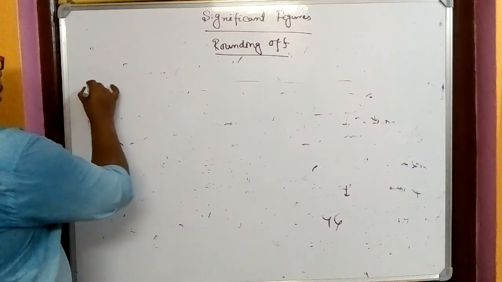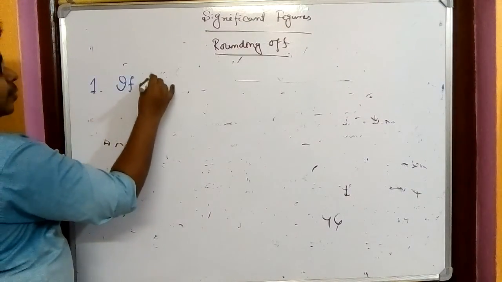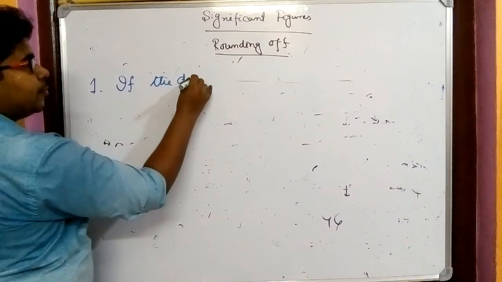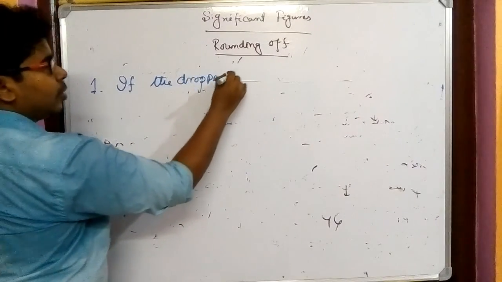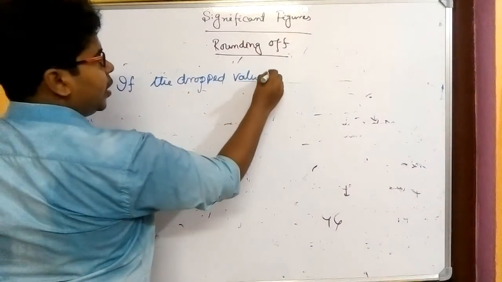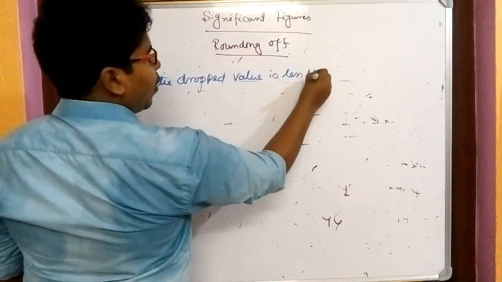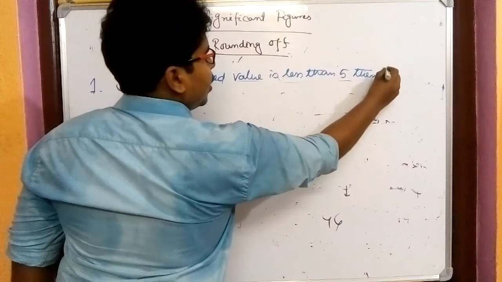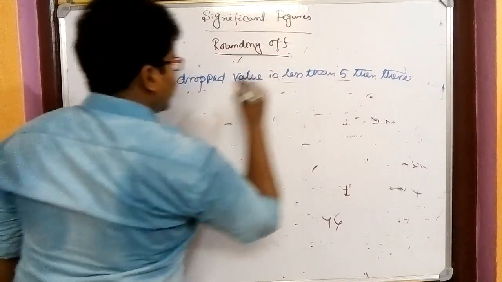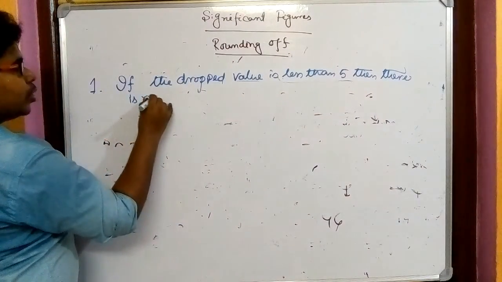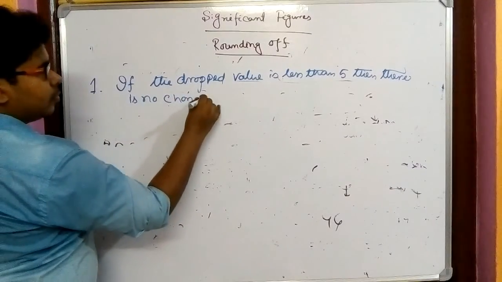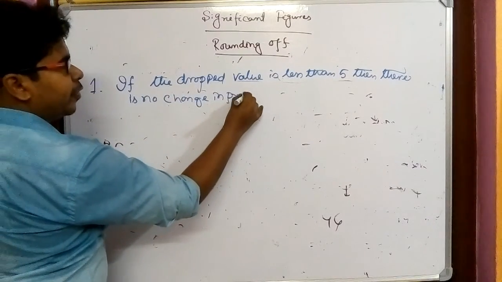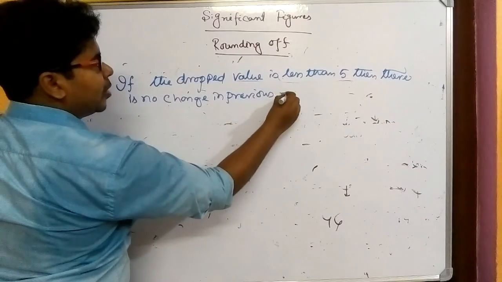First rule, number 1: if the dropped value is less than 5, then there is no change in the previous number.